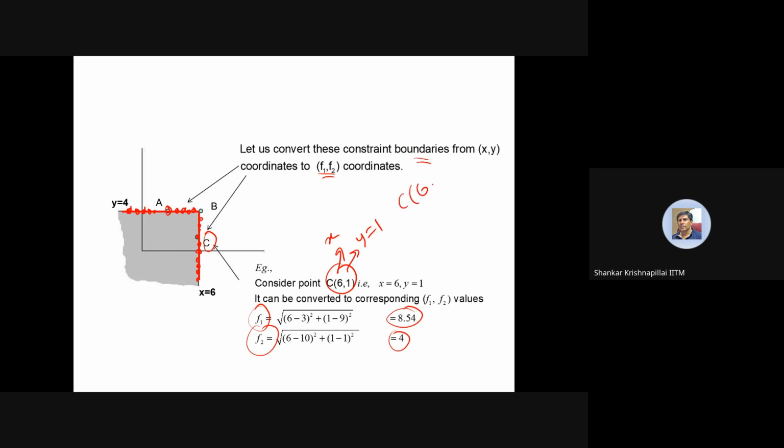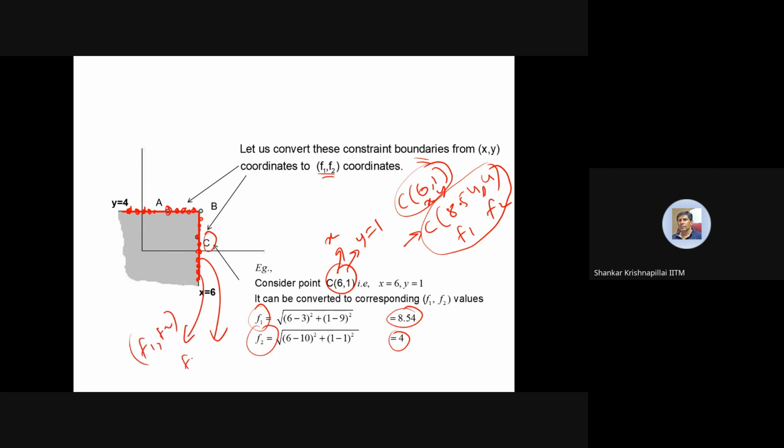So C (6, 1) in XY coordinates is converted to C (8.544, 4) in the F1, F2 coordinates. Every point here must be converted to F1, F2 coordinates.